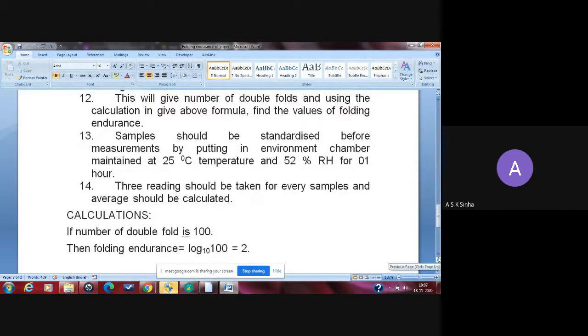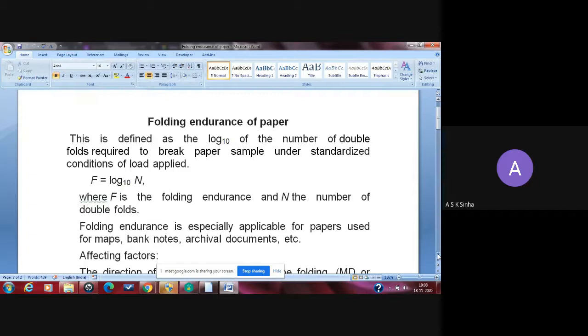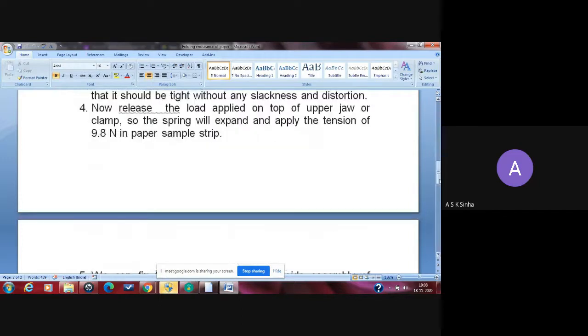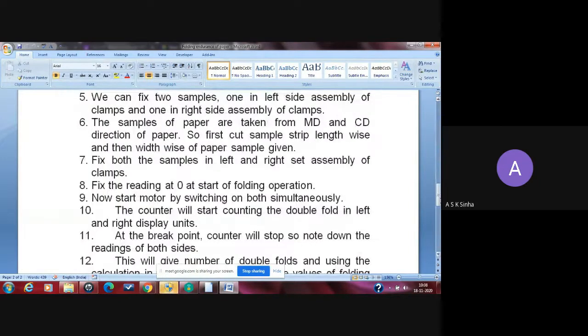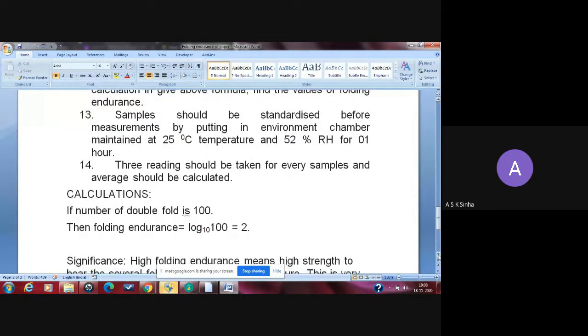There is already an auto sensor, so once the tension is released, it will stop the counter. You can easily note down the reading on both sides, and this gives the number of double folds. Using the calculation given in the above formula, you can find the value of the folding endurance. So basically, the machine gives you the number of double folds, and then we put it into the equation to find the folding endurance.